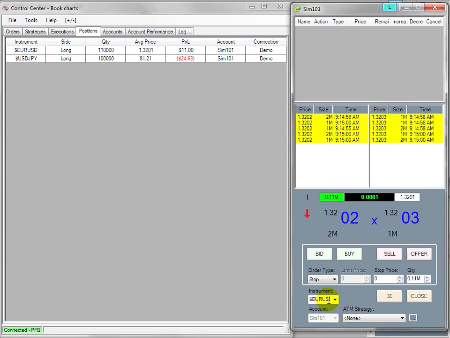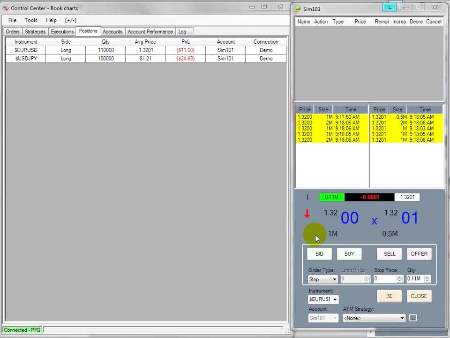For example, if you go long the euro dollar at 132.02 and you're only willing to risk 2 pips on it, you might place a stop order at 132 even. That would be a stop order. A stop order becomes a market order once the market goes against you enough to reach this price that you specified. You might have noticed these quantities down below, and what these represent are the number of contracts working at the bid and the ask prices.